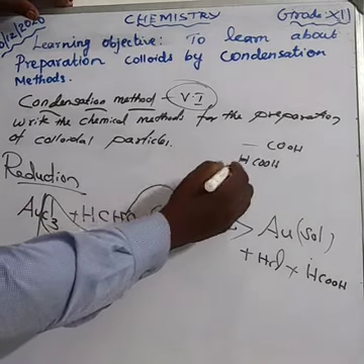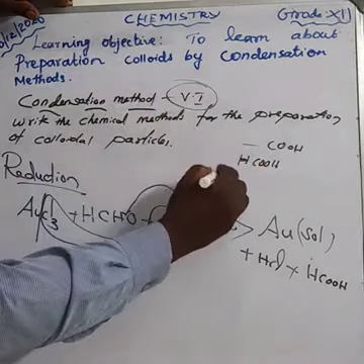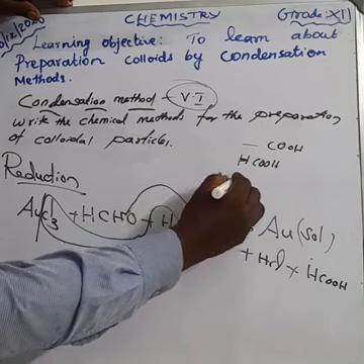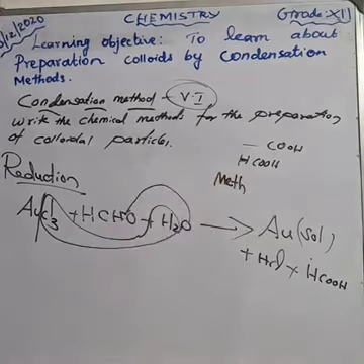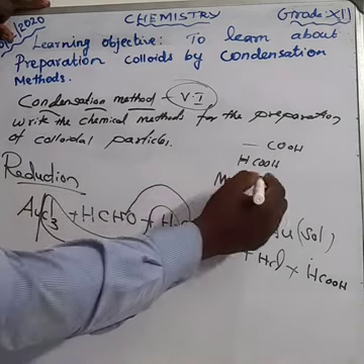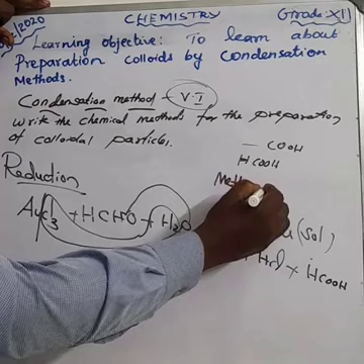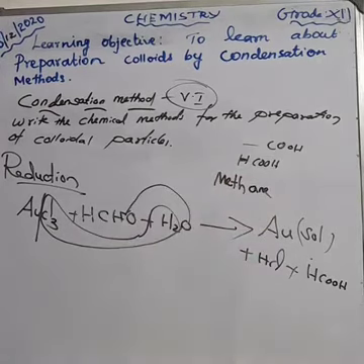So the root word for one carbon is meth. Here we have a single bond, there is no double bond. Single bond means the suffix is ane. Suppose the double bond is ene, triple bond is yne. This is single bond, so we are using ane.